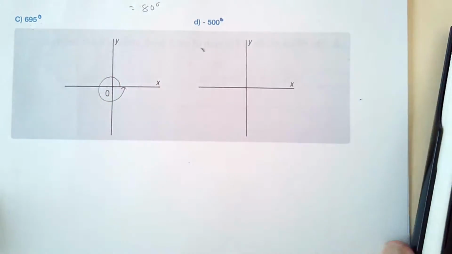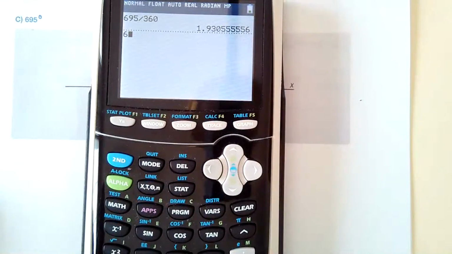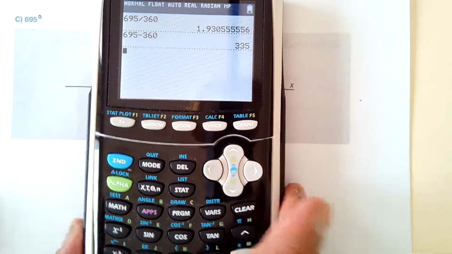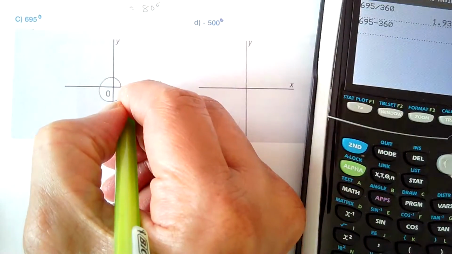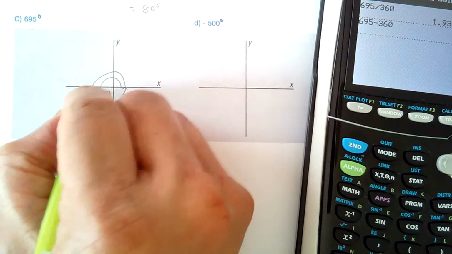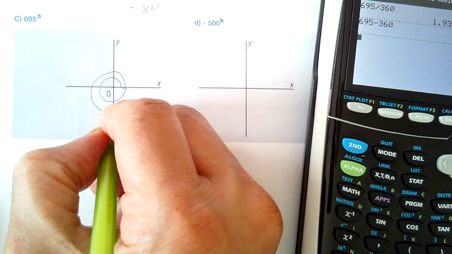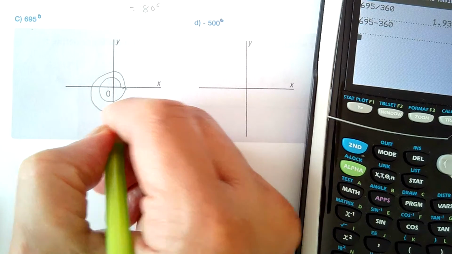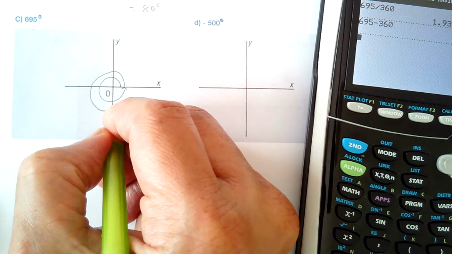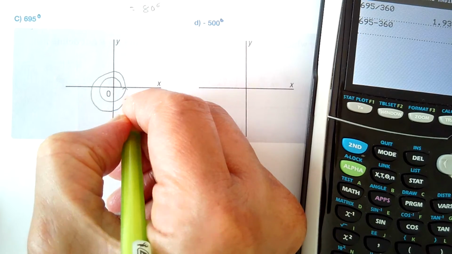Okay, so now we have 695 minus 360, 335 degrees more. So we need to go around: that's 90, 180, 270, now 335 would be around there.